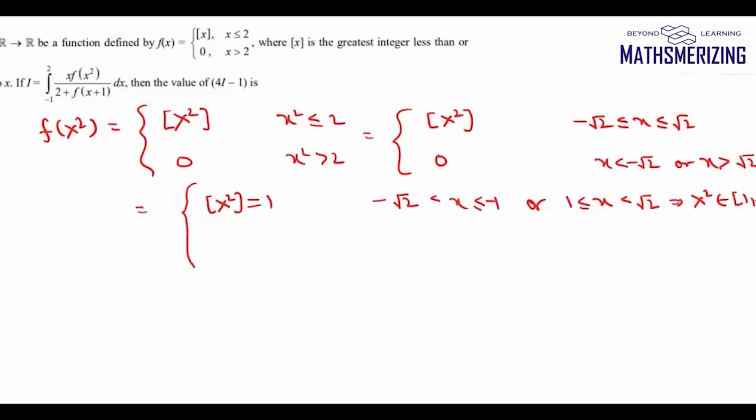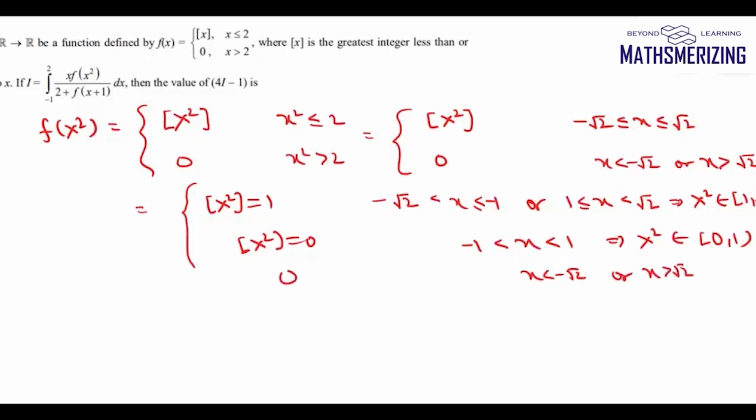Now when x lies between minus 1 and plus 1, the value of x² will lie between 0 and 1. In that case, the greatest integer function of x² will be 0, and also when x is less than minus root 2 or greater than plus root 2, the value of this function is 0.